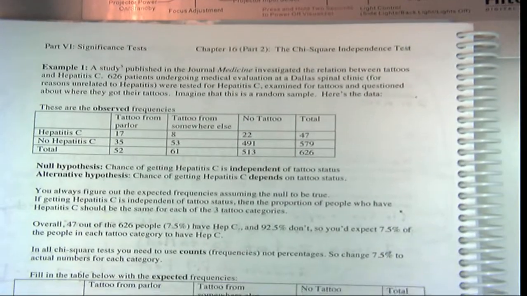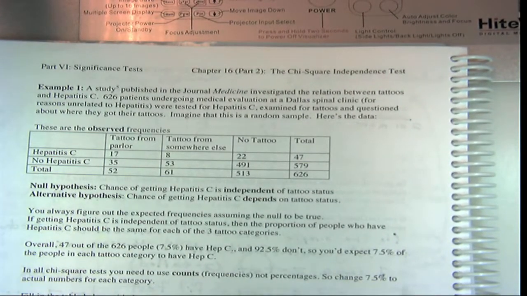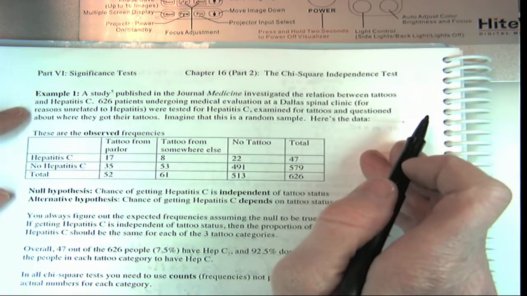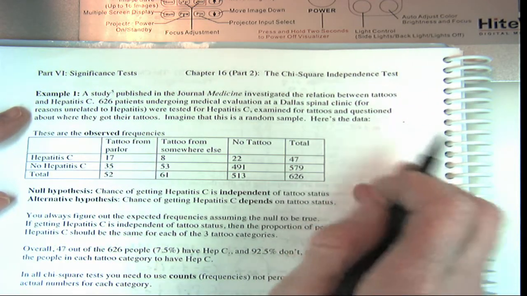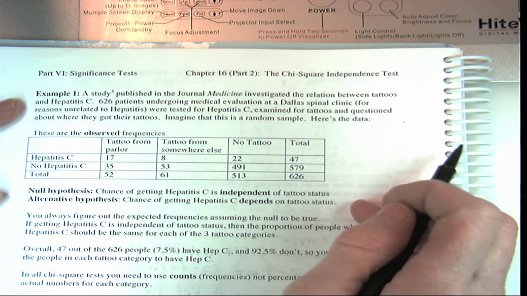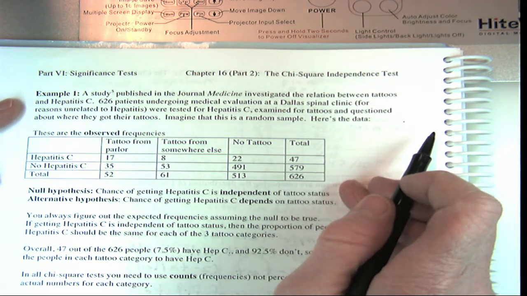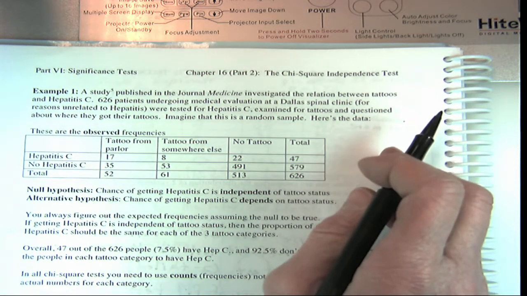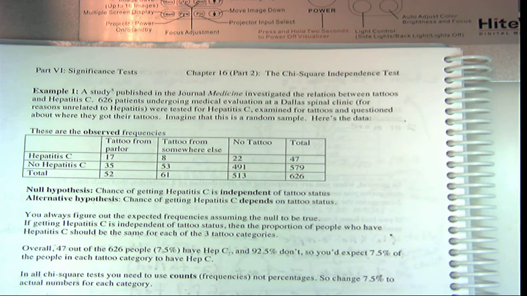So this is a real study published in the Journal of Medicine that investigated the relationship between tattoos and hepatitis C. It was prompted, I remember, by an actress, Pamela Anderson, the one who was in a very popular TV show at the time. Probably never heard of her, but anyway, she got hepatitis C, and she claimed she got it, and other celebrities too, from tattoos.